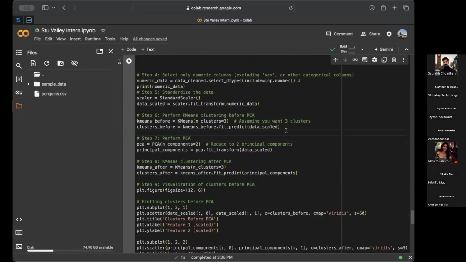Okay, that is fine. But why are we doing the KMeans? KMeans is for clustering. Okay, all right. So you're doing clustering before it. 3 clusters it will make.